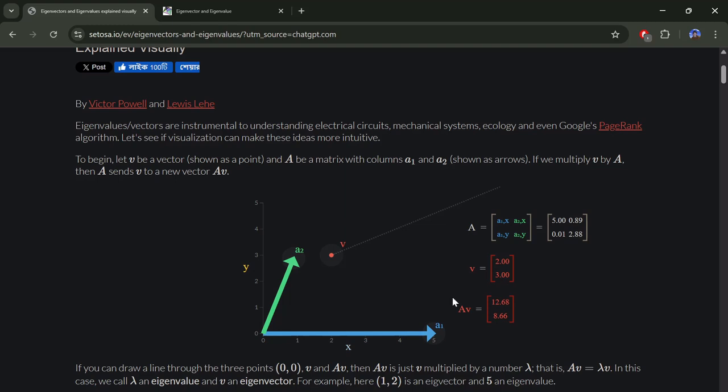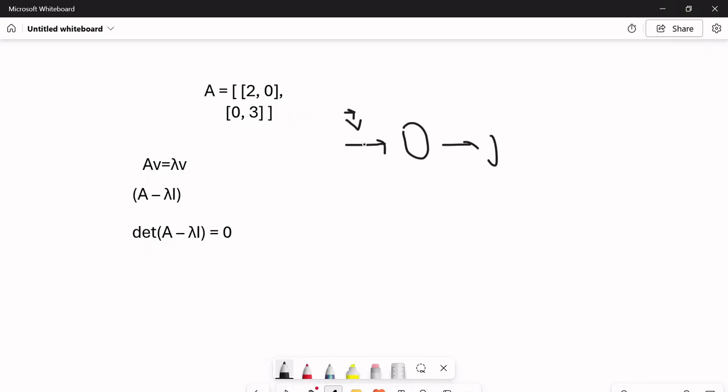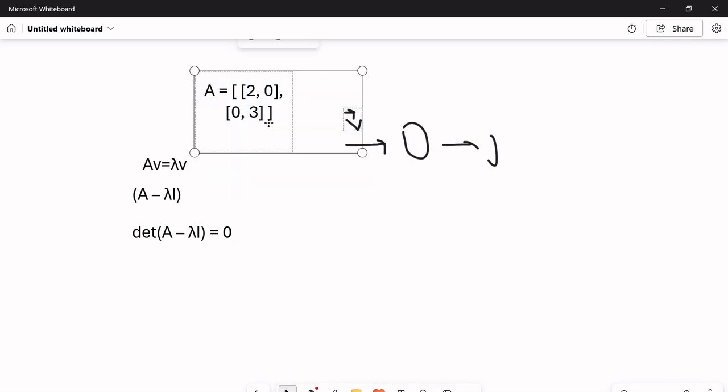So that's it. Now I'm going to make this very concrete, and I've taken an example here. We have a 2 by 2 matrix, and basically what this matrix means is if you put a vector along the x-axis, multiplying by this matrix doubles its length.